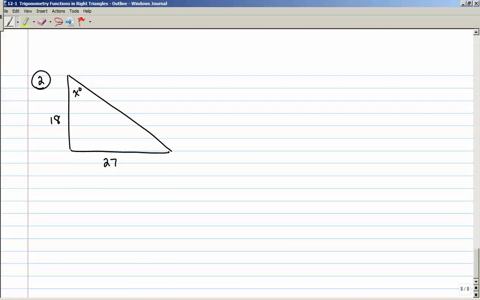Here I have x is the angle at the top of this triangle. Oh, and actually I forgot, in this one, that is a right triangle. There we go. 27 in relation to x is the opposite. 18 is the adjacent. And the trig function that uses opposite and adjacent is tangent. So I'm going to say the tangent of x is equal to opposite over adjacent, 27 over 18.